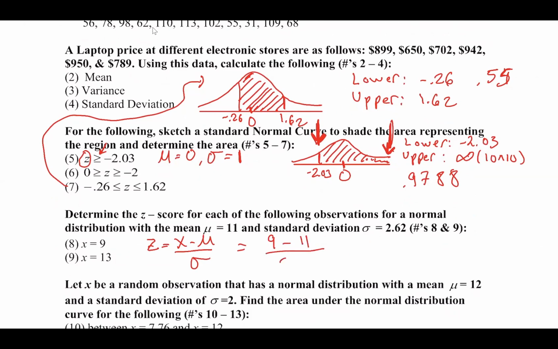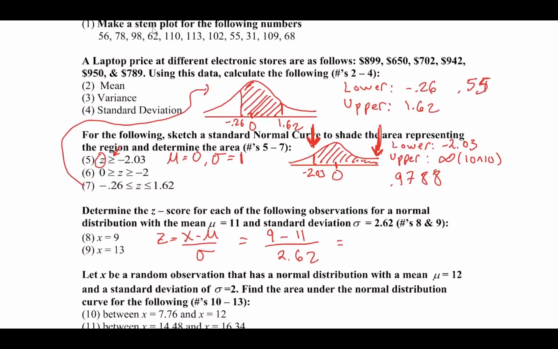Sigma in this case is 2.62. So 9 minus 11 is negative 2, divided by 2.62. If you do negative 2 divided by 2.62, you get negative 0.76.